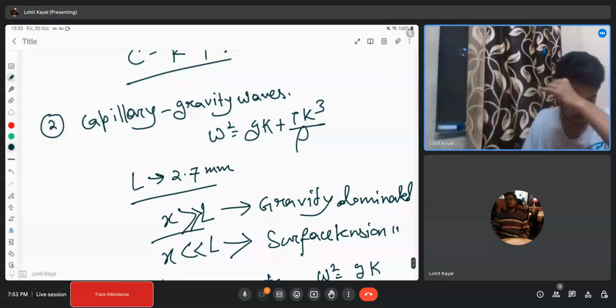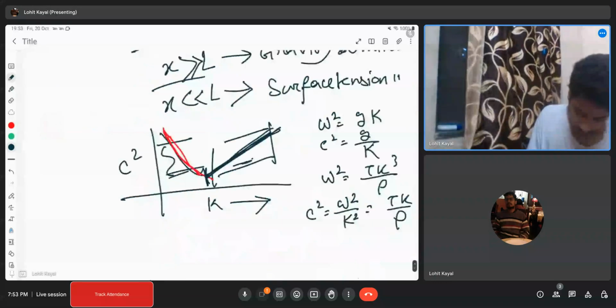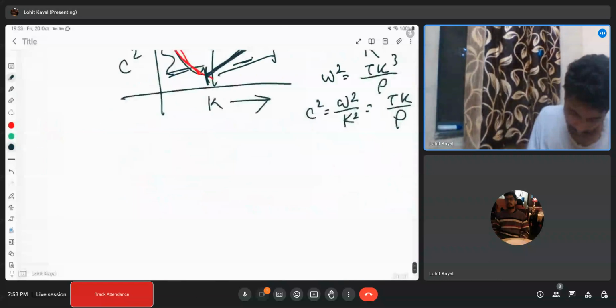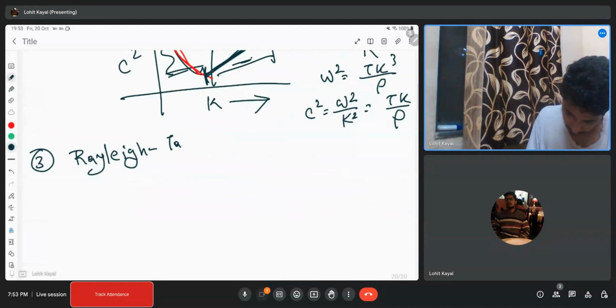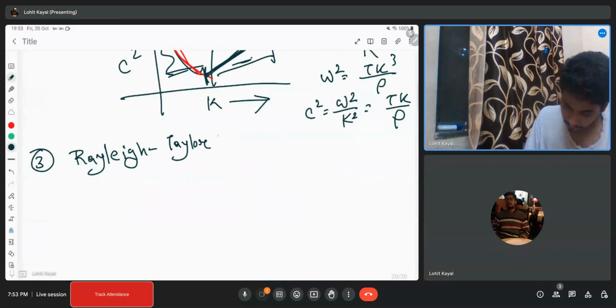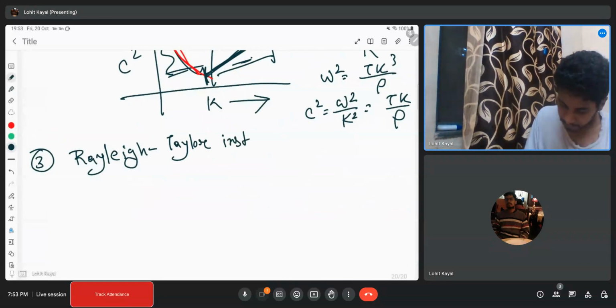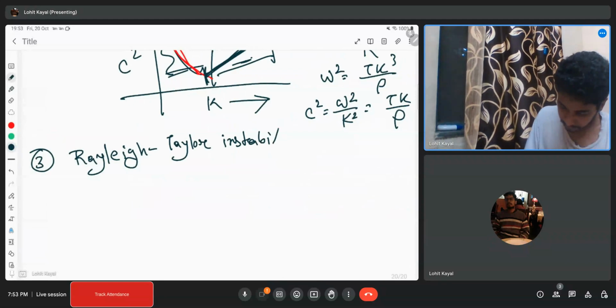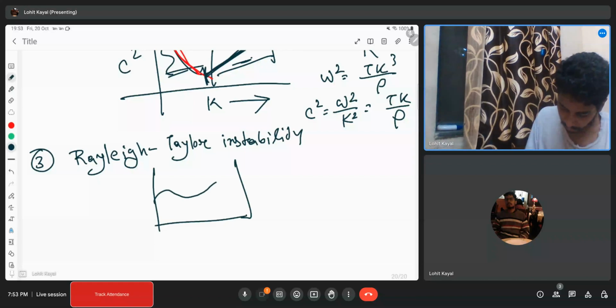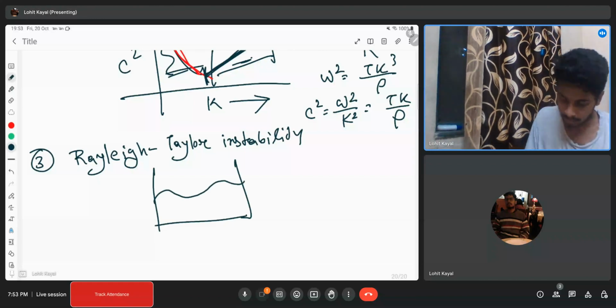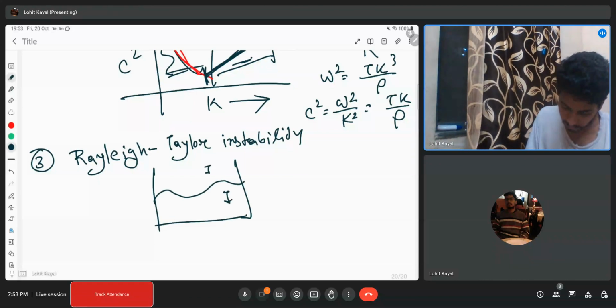Now, we have also talked about Rayleigh-Taylor instability, where we have considered two different fluid systems. This is fluid system 1, this is fluid system 2.